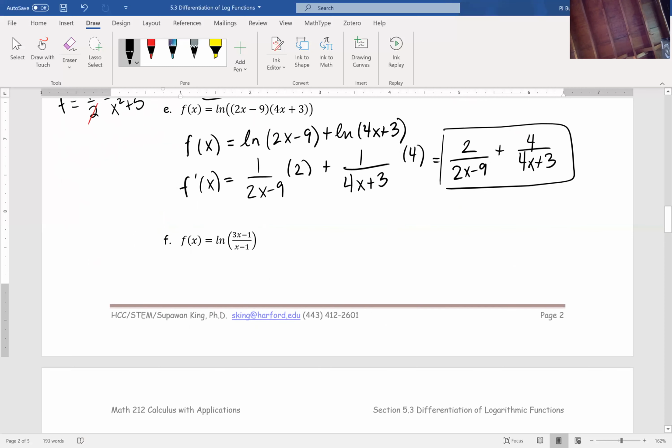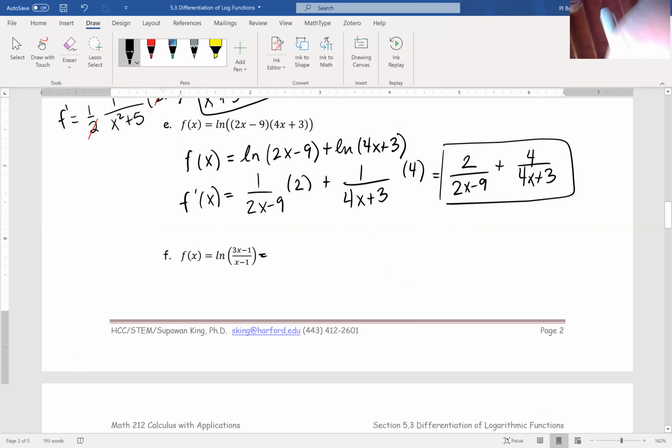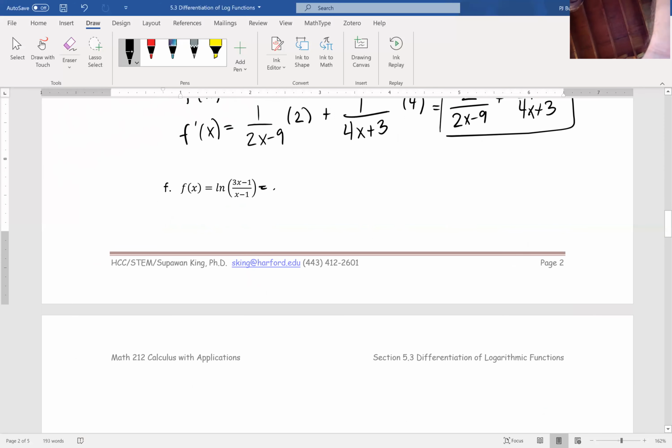So f is very similar. The difference is that now it's a division, which means before I take the derivative, I need to rewrite it as the log of the top minus the log of the bottom.